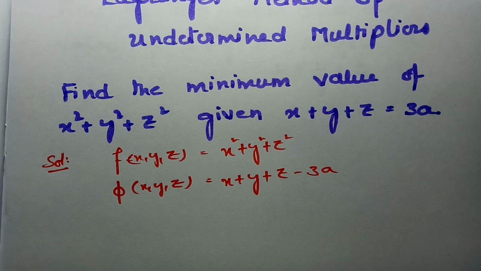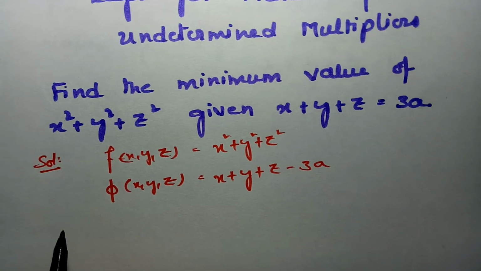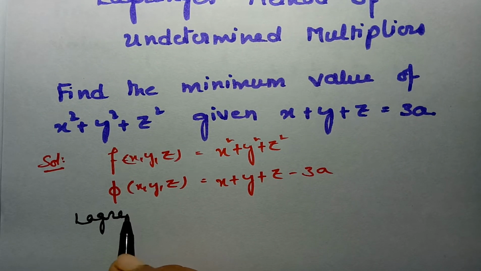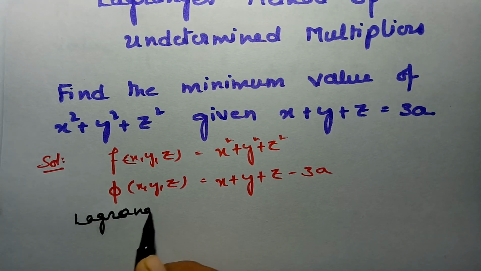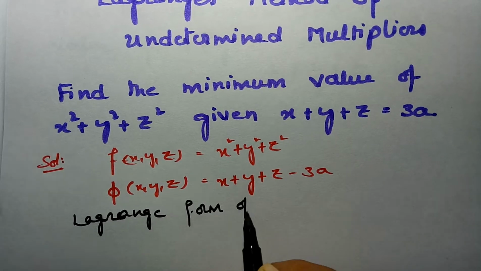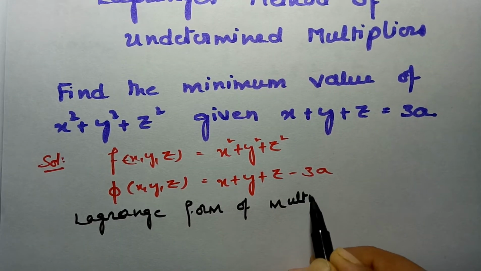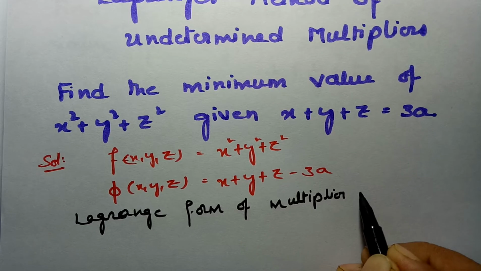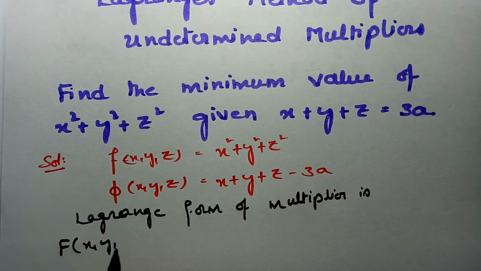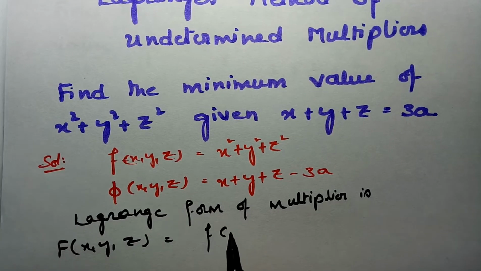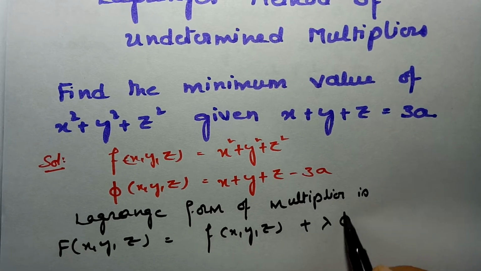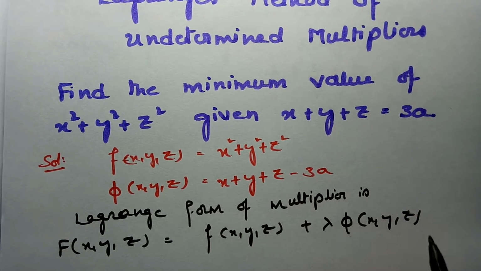So we have the form of Lagrange's function. The Lagrangian form of multipliers is, see here, capital F of x comma y comma z is equal to small f of x comma y comma z plus lambda times phi of x comma y comma z.